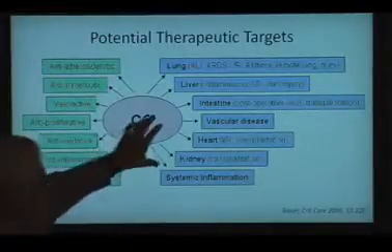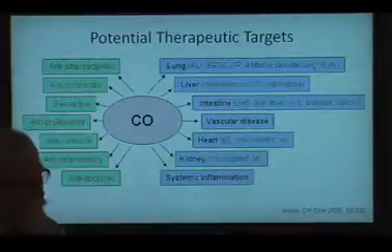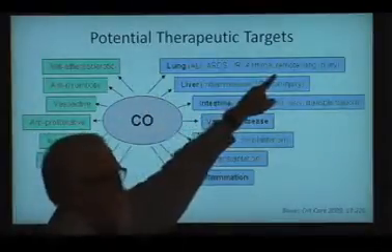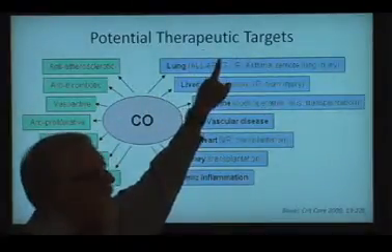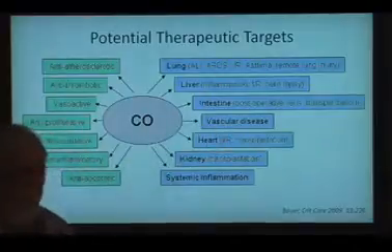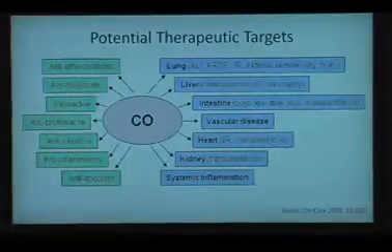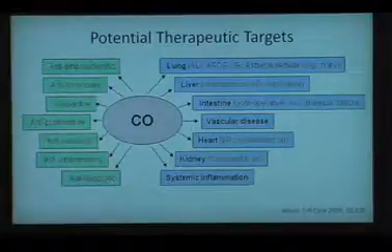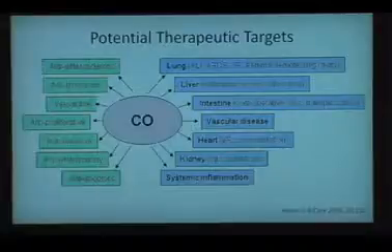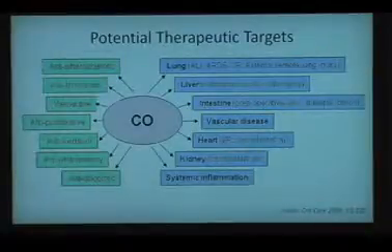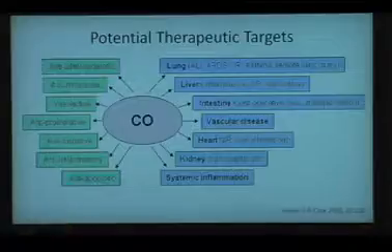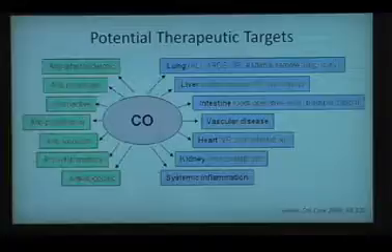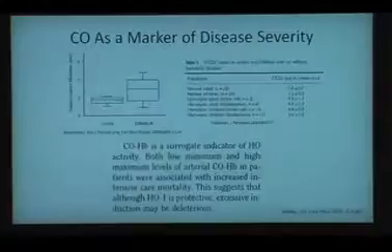This also points out that if we're thinking about giving CO in the inspired breath, the effect that we're looking for is perhaps not just an effect that is isolated in the lungs, but a systemic effect as well. That makes inhaled CO different than inhaled NO. We administer inhaled NO hoping that the effect will be just within the lungs. When we think about administering inhaled CO, we think about the lung effects, but we also think about the possibility that it could affect other organ systems as well.